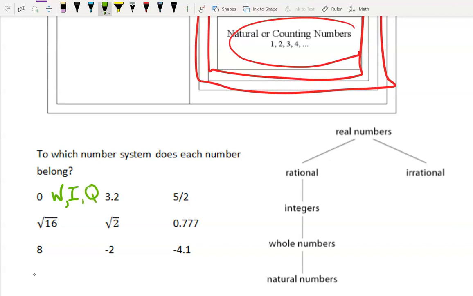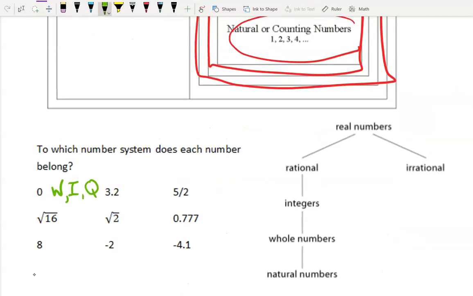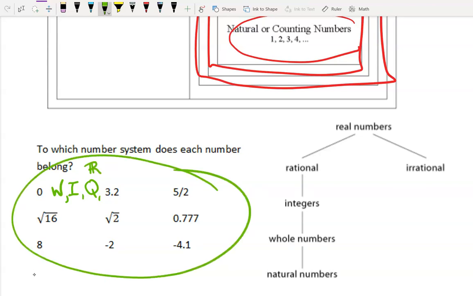And if you remember, the symbol for rational is Q. And because it's a number in this box, it's also a real number. Now, I don't need you to write the symbol for real numbers because we're only dealing with real numbers, so all of these are real numbers. Keep that in mind. They are all real numbers.